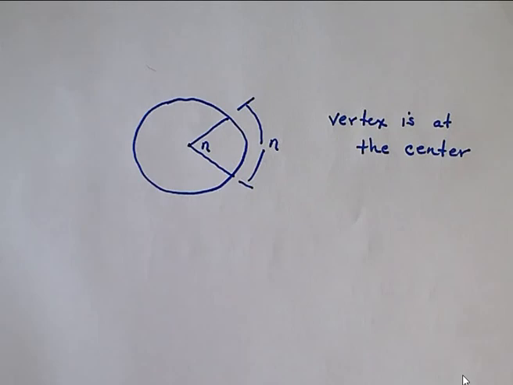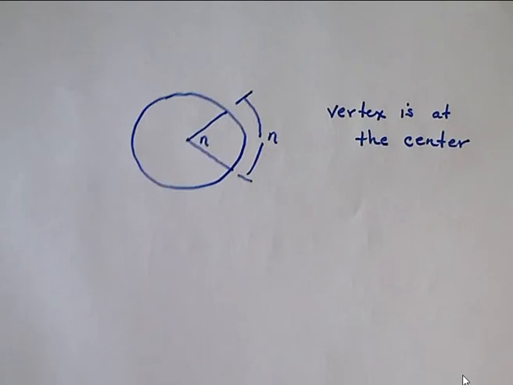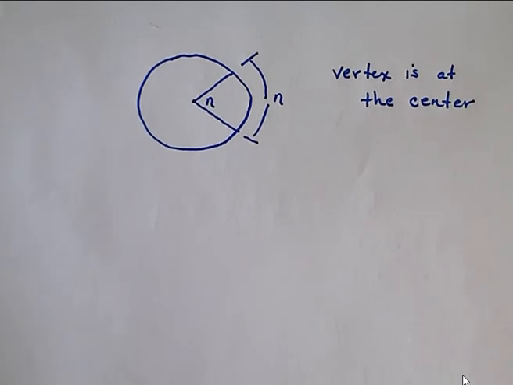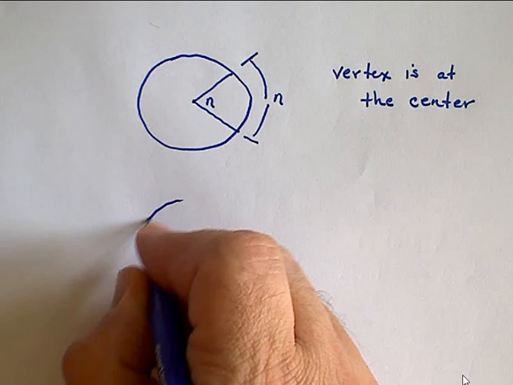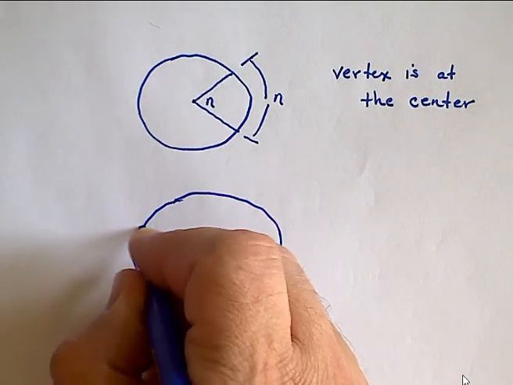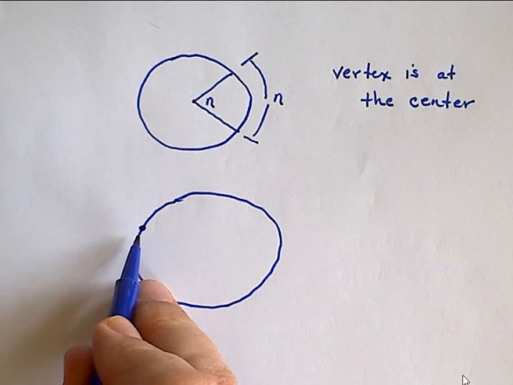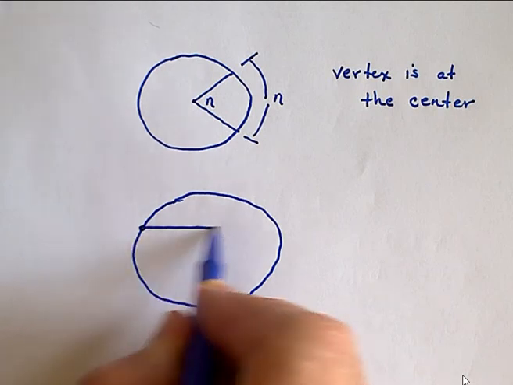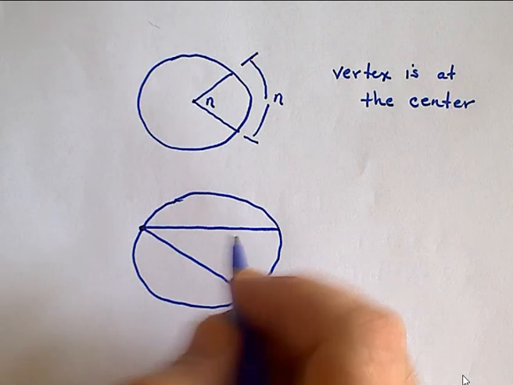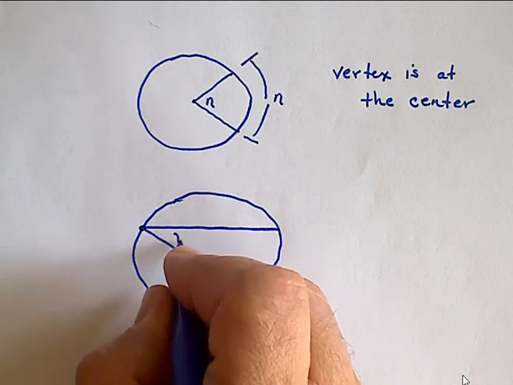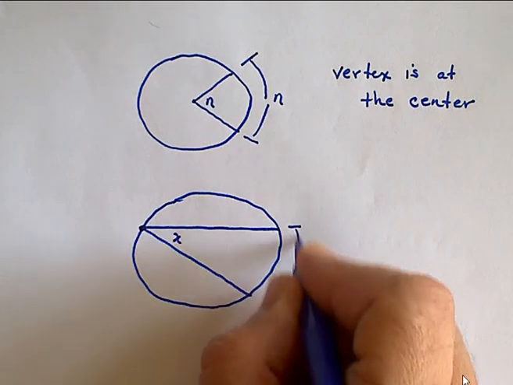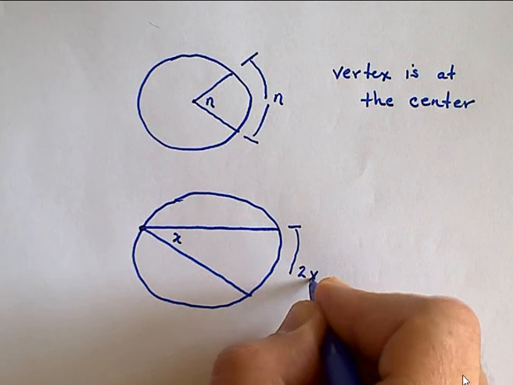Now, the next one we talked about was an inscribed angle. An inscribed angle, on the other hand, has a vertex that is on the circle. So here's my vertex, here's a chord, here's a chord. If this is x, then this will always be twice that amount.